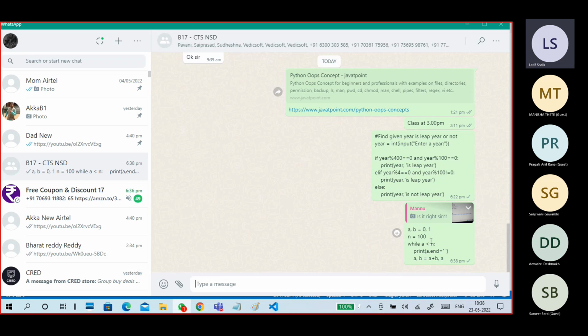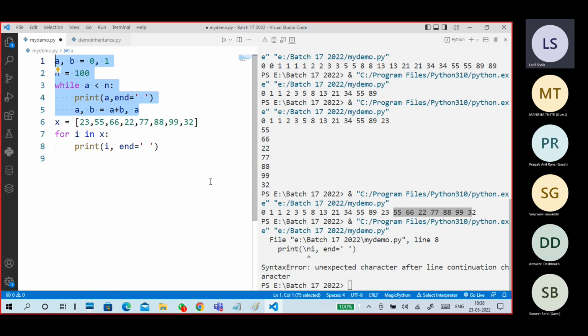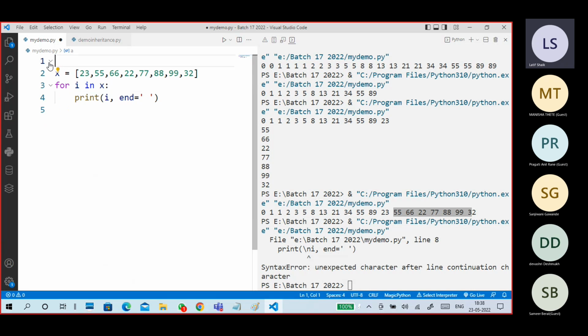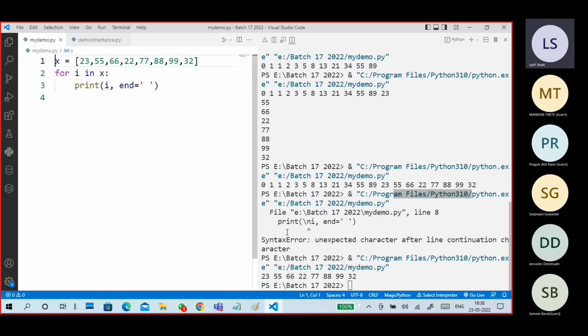That is also simple. I gave another program that is also simple. I'm removing this to show you the print statement only, without any confusion.